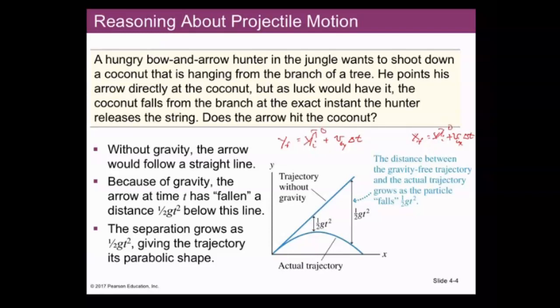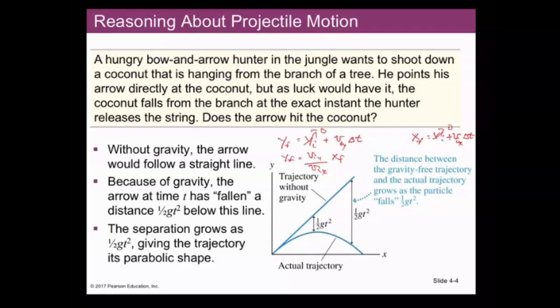Then we see that y final as a function of x is equal to v initial y over v initial x times x final. And we have then the equation of y versus x as a straight line, as shown.